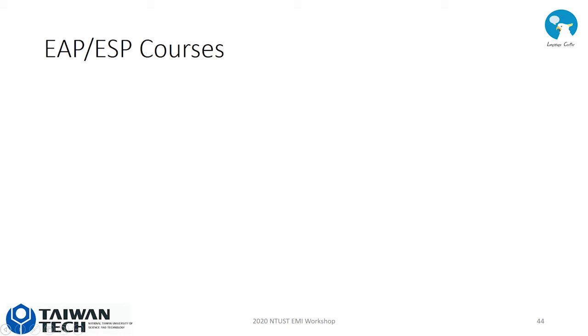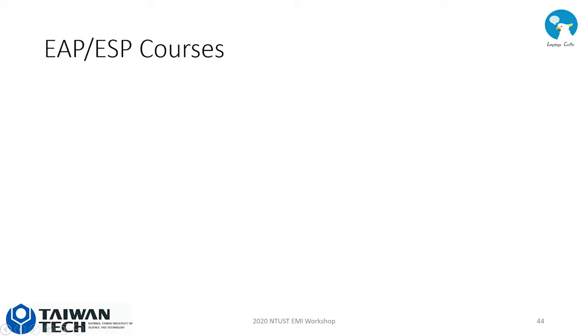And in some countries, they will ask students to take 1 year of English classes before they start to take EMI classes. But in Taiwan and also in NTU, usually we don't have that limit, right? EMI classes are for almost everyone. Of course we suggest people who are proficient enough to take these classes, but usually we don't set any limits.